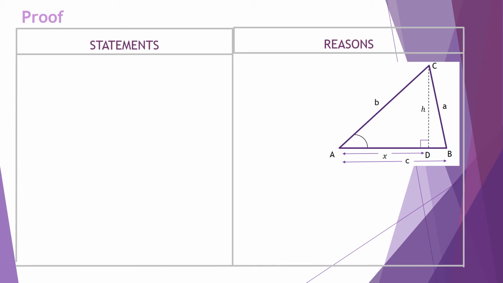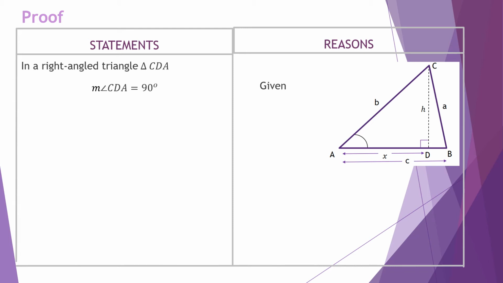In triangle ABC, when we draw the perpendicular CD, it splits it into two right-angled triangles. First, we will take triangle CDA. In this triangle, measurement angle CDA is equal to 90 degrees due to the perpendicular.